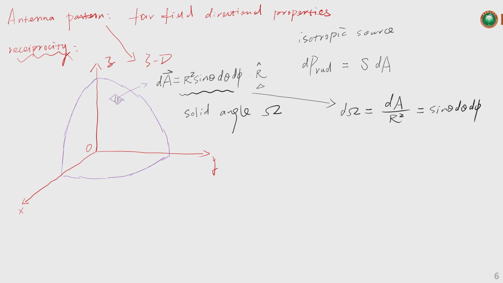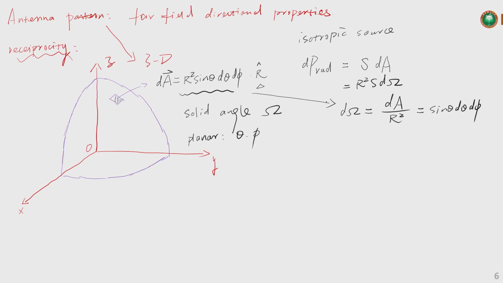This is a solid angle, which is related to the planar angle, like theta or phi in these situations. So the expression can be written as r squared times d omega.